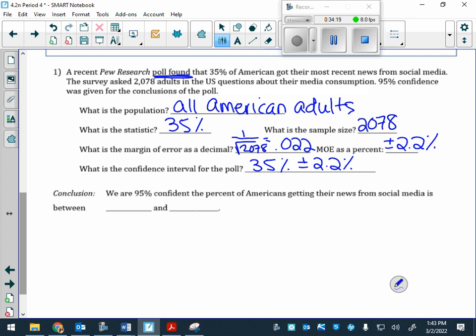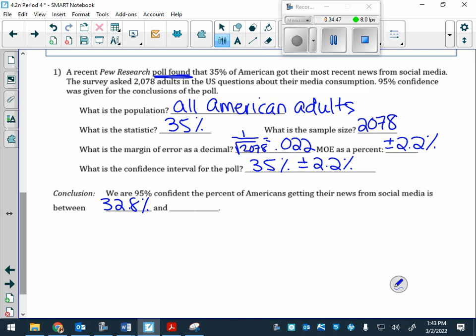How can we figure this out? What do we do? Brayden? We add the 35, which would get us 33 to 37. Roughly, right? So, because it's the 2.2. So 35, we minus the 2.2 to get 32.8%.